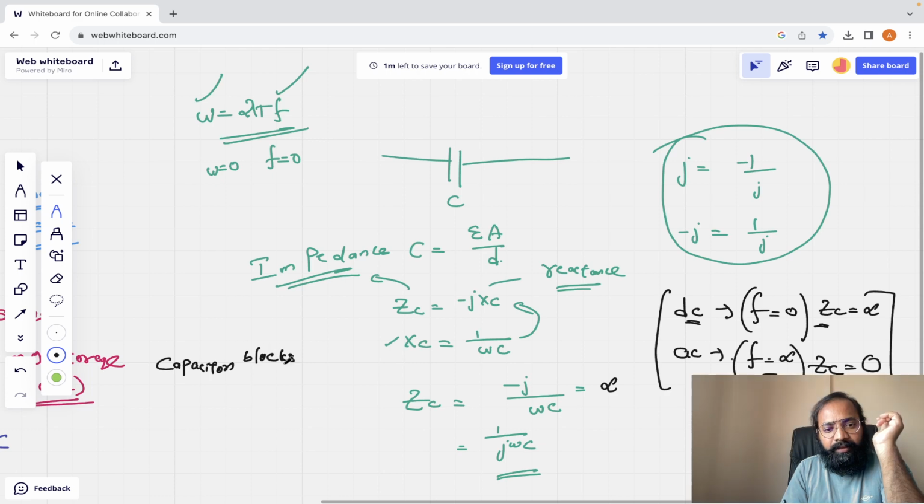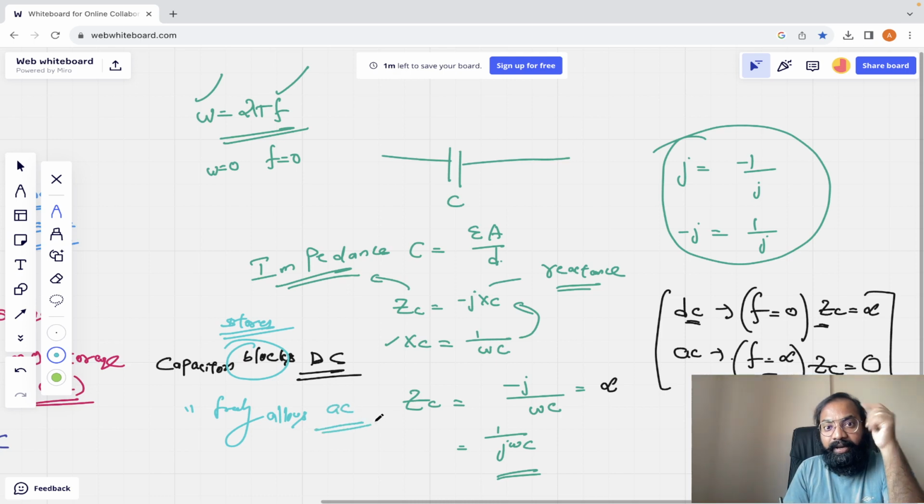Capacitors block the DC. What actually is the blocking of DC? Blocking of DC is nothing but storing. Capacitor stores the DC. And coming to the other conclusion, for high frequency signals, capacitance impedance is 0, which means the capacitor freely allows the high frequency signals.